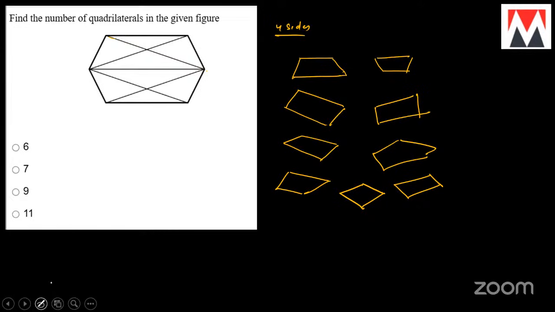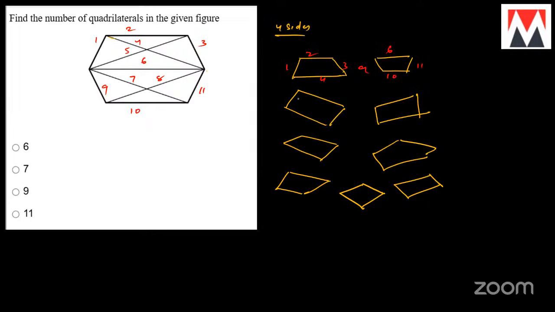So if I take this as 1, 2, 3, 4, 5, 6, 7, 8, 9, 10, 11. So mostly what I'm talking about here is 1, 2, 3, 4. Okay. So this is 6, 9, 10, 11.